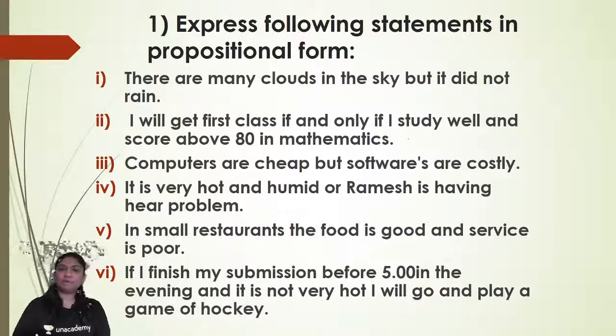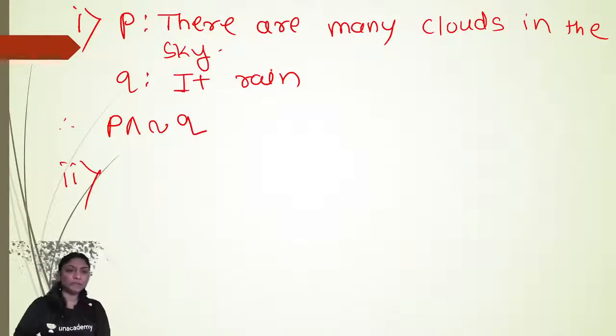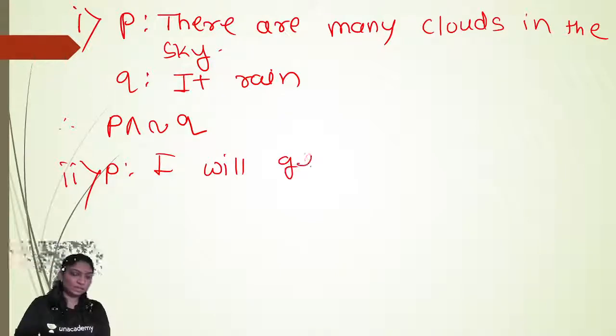And if and only if I study well, this is the second statement. And score above 80 in mathematics, this is the third statement. So you have to write here three statements. So write down here P. P is the statement: I will get first class.